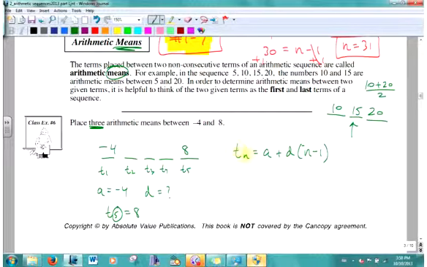If T to the n is 8, then n is 5. T5 is 8. There's a little n down here. This says n is 5. So I know A, check. I know n, check. I know T to the n, check. I can solve this thing for D.